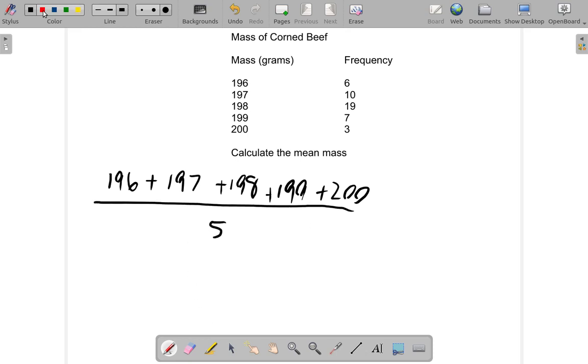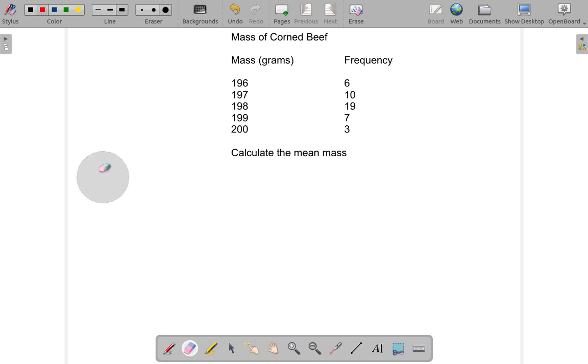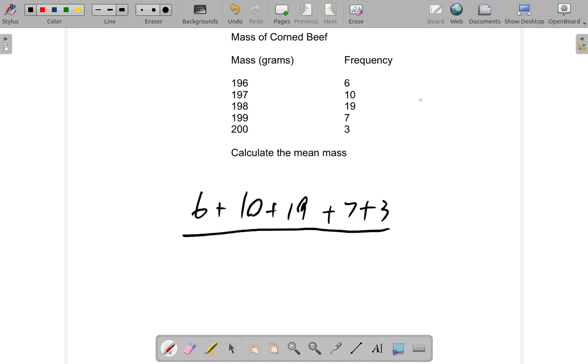No, that would be wrong. You can't do it that way. The other mistake someone might make is to say 6 plus 10 plus 19 plus 7 plus 3, all over 5. You sum them and divide by 5. No, that would be wrong also.